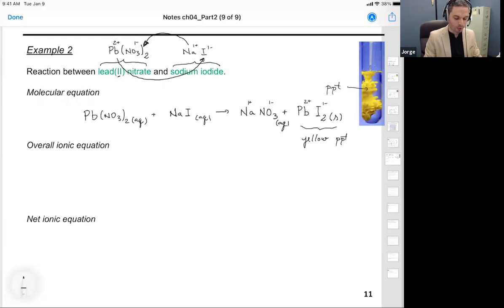And this is why the reaction happens, because it forms a solid compound which is more stable than the compounds dissolved in water. And that's the driving force of any chemical reaction.